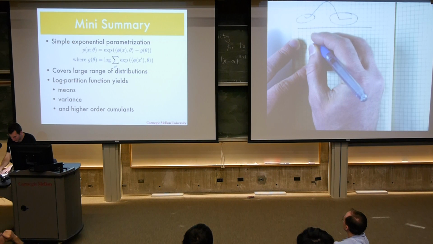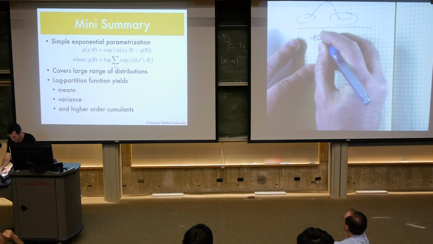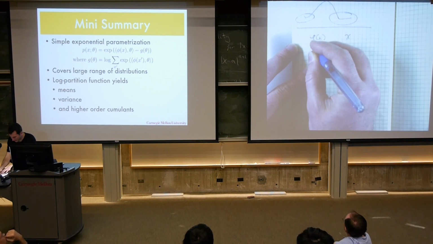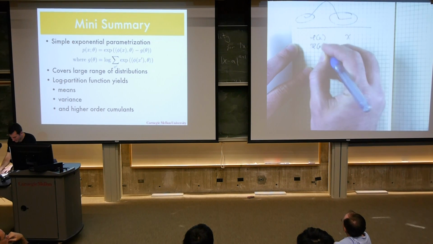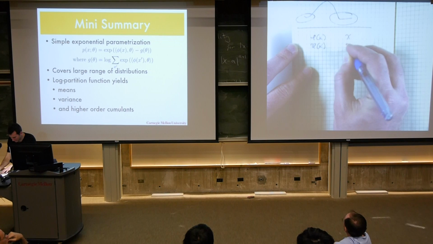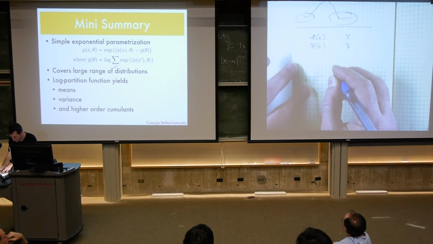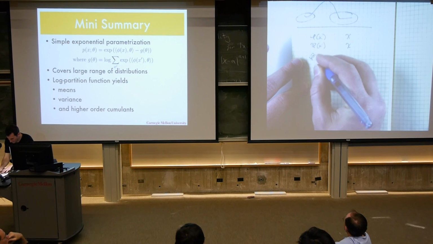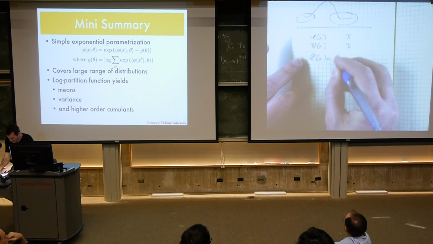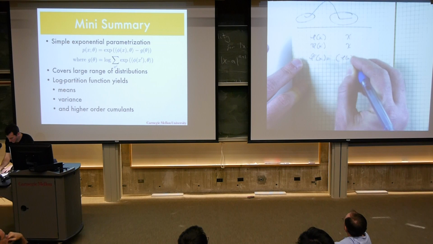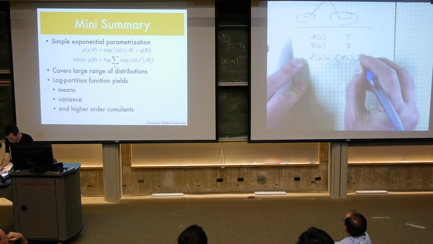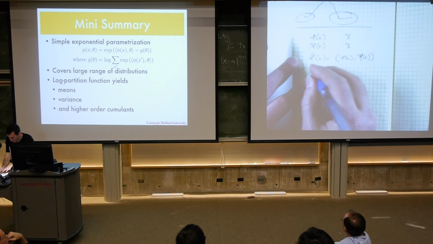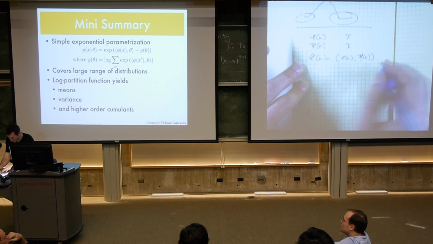Let's say I have an exponential family with phi of x as sufficient statistic and domain x. And I have another one with psi of x as sufficient statistic and also domain x. Then I can define some phi tilde to be just a stacked up version of phi of x and psi of x. And I will correspondingly have a theta tilde.